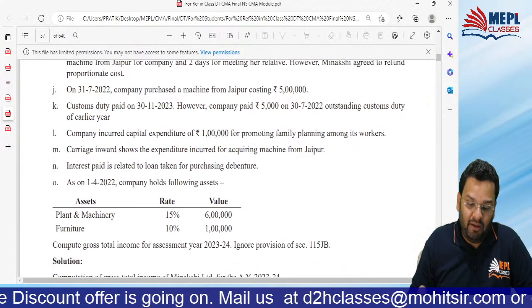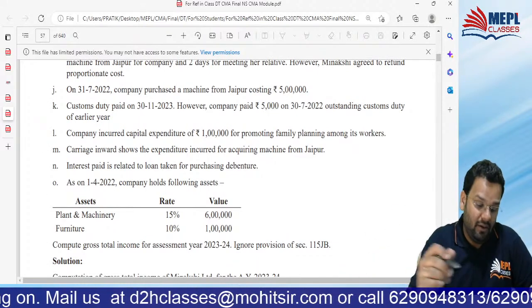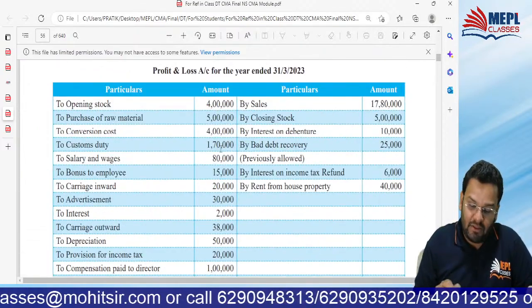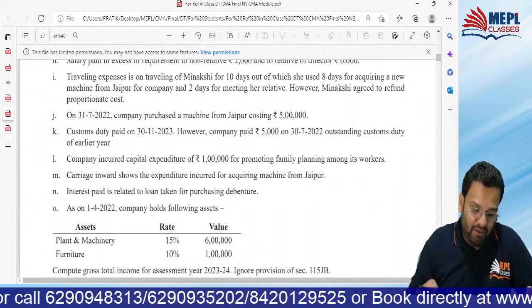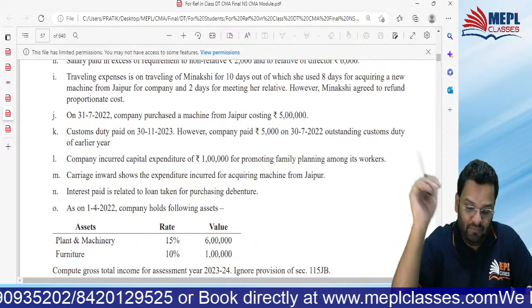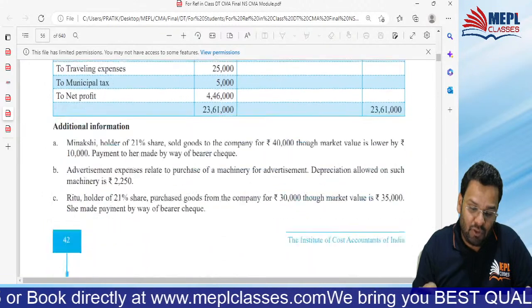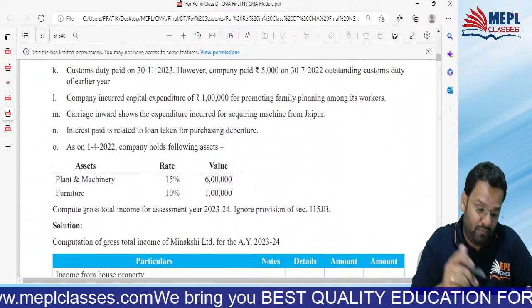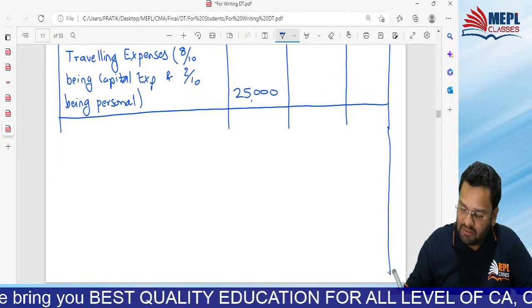Customs duty paid on 30/11/2023. Okay, you have customs duty. That customs duty of 1,70,000 is paid after due date of income tax return. So please disallow that as per 43B, because statutory due is paid after due date of filing income tax return.